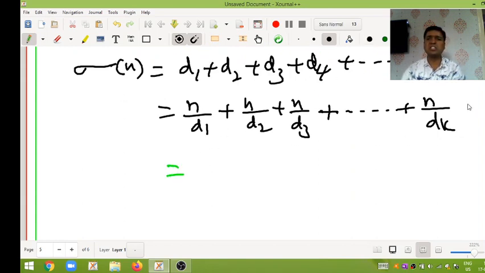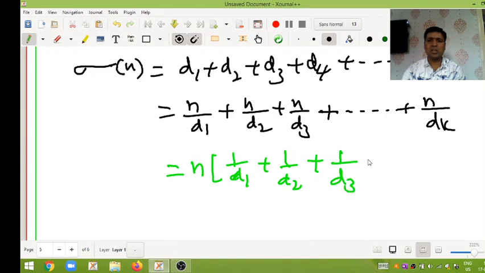So in all these terms, which is common? The numerator n is common. Of the remaining, 1 by d1 plus 1 by d2 plus 1 by d3 and so on, plus 1 by dk will come.